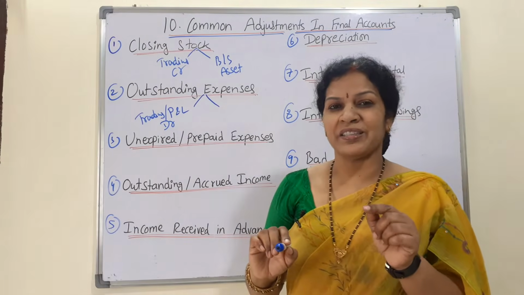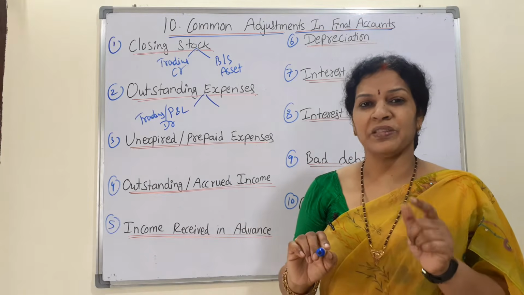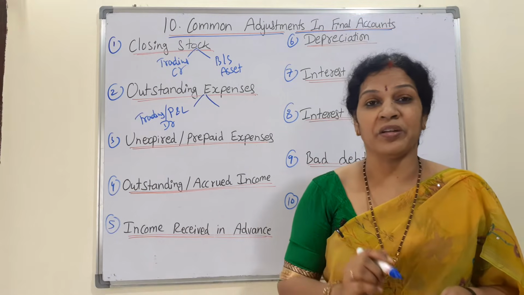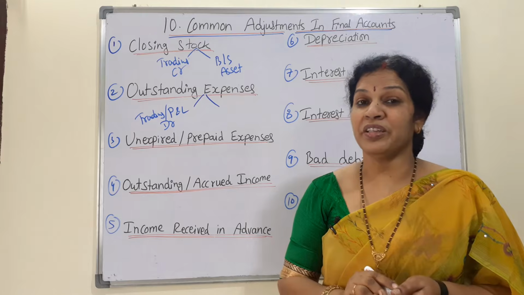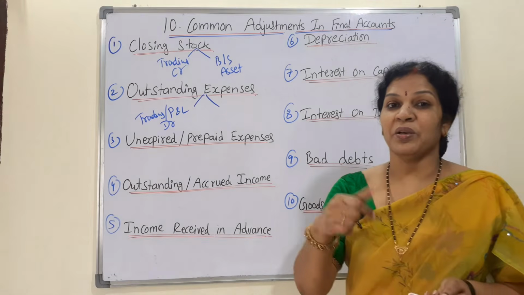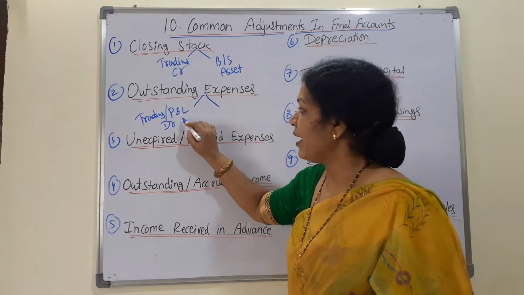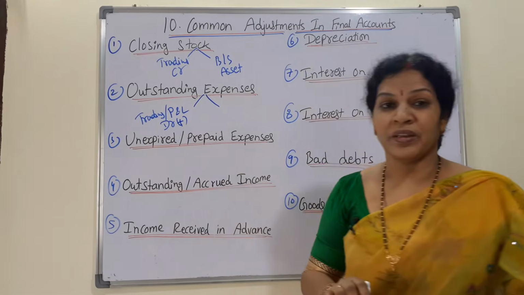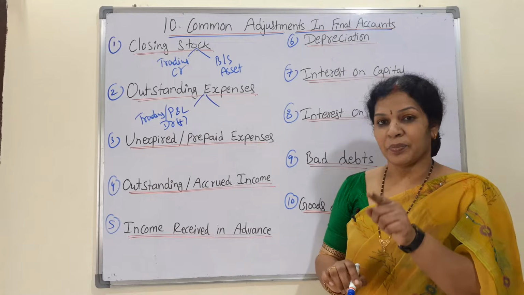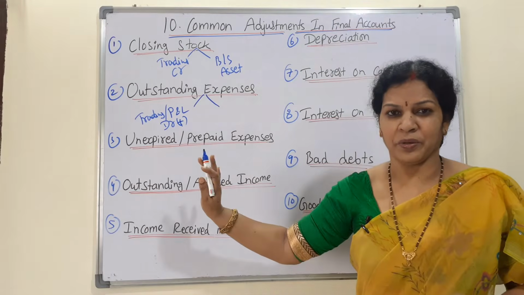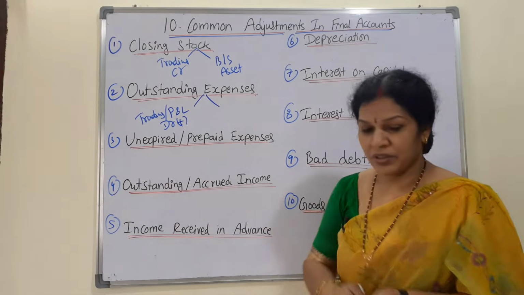Suppose already existing expenses are there. Say for example, salary is already given. To that salary we will add outstanding expenses. In such cases, we will be adding this. Salaries means P&L account only, so I will show you with the P&L account.